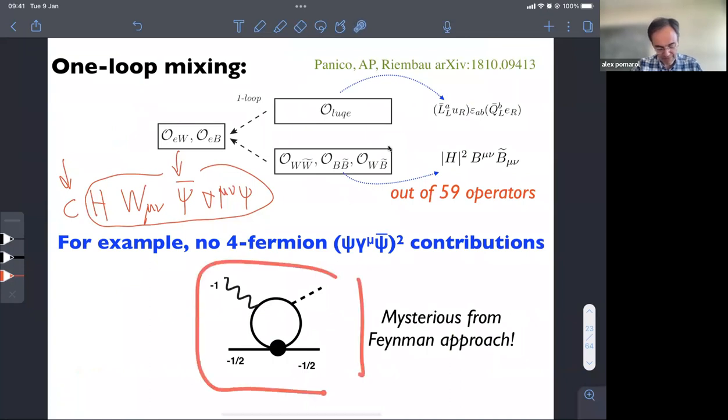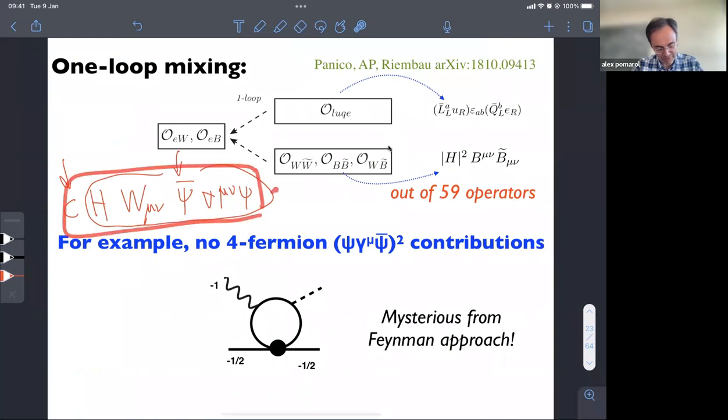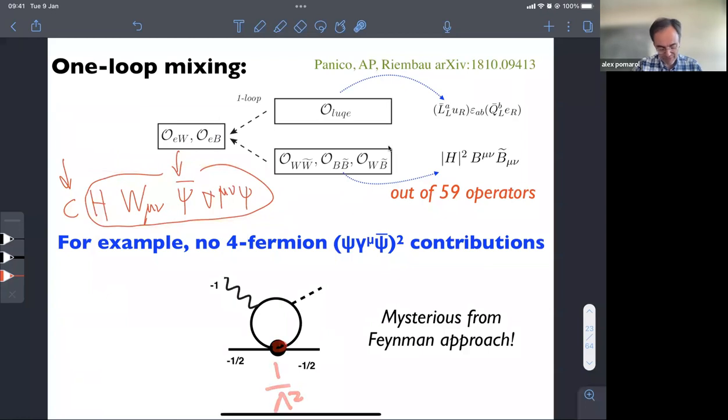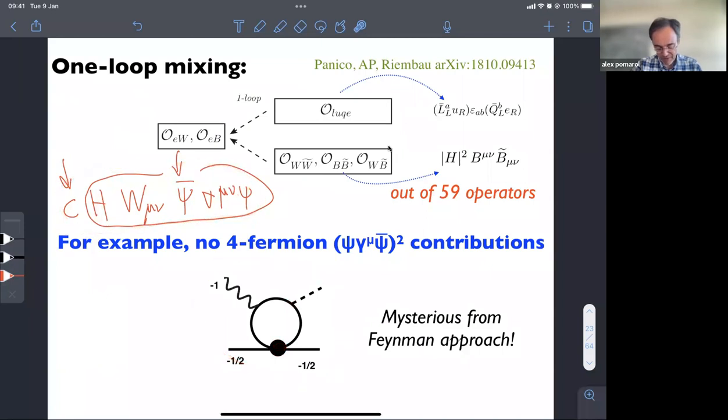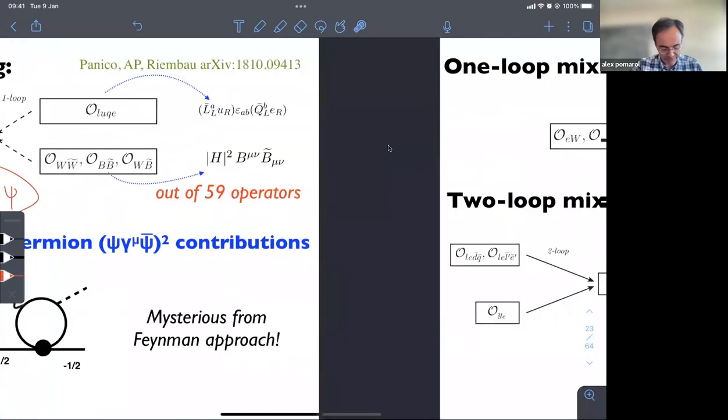I'm calculating this contribution to this operator that is of order 1 over lambda squared. So here I only have to look for 1 over lambda squared. I cannot put two of them, I have to put just one operator, based on dimensional counting. To generate something that goes like 1 over lambda squared in the loop, I can only put one operator of order 1 over lambda squared. I cannot put two of them, otherwise it will go like 1 over lambda to the 4.